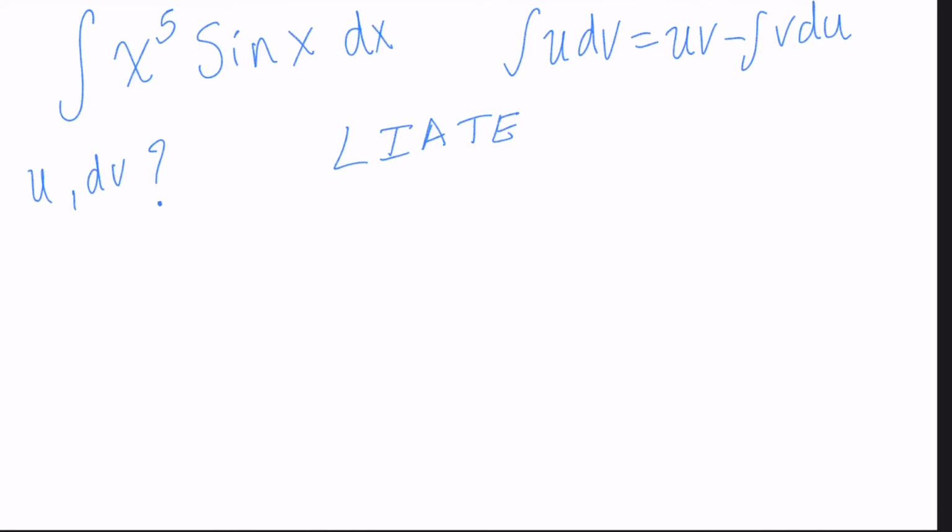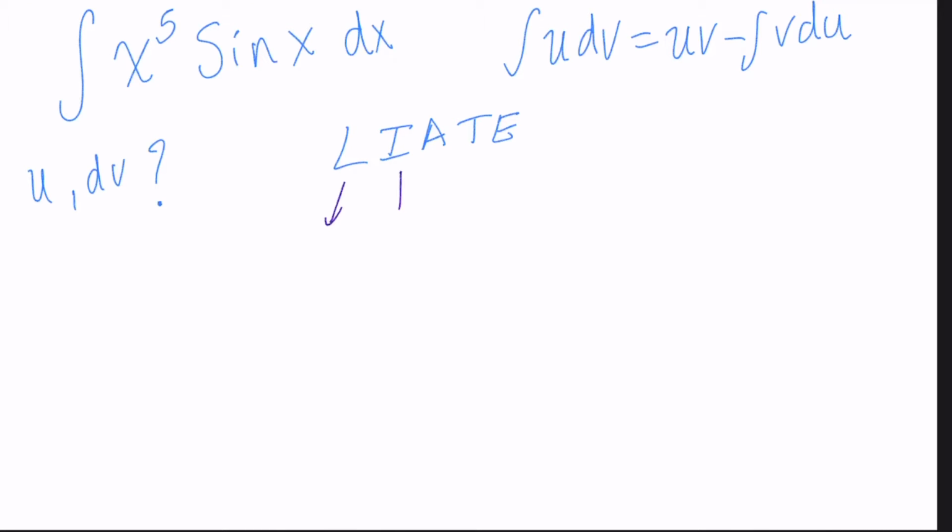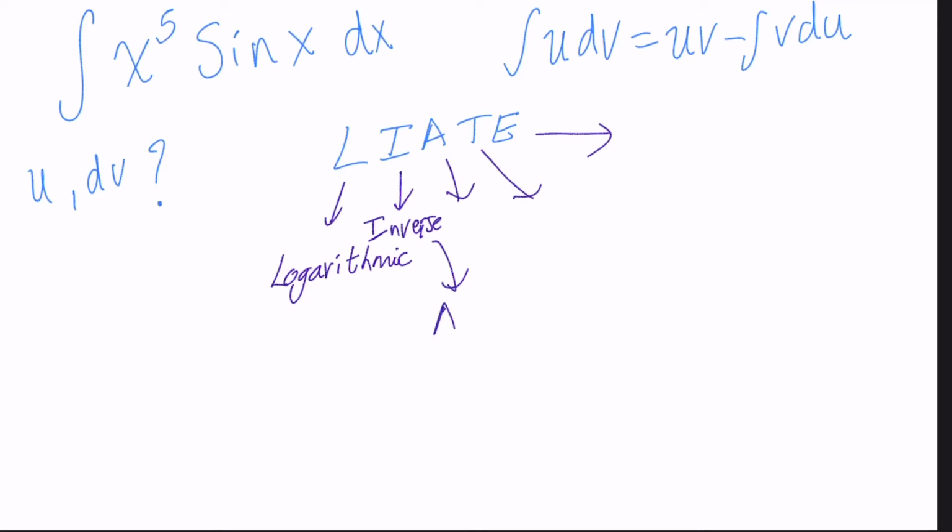Well, first, for knowing how it works, we have to know what each letter means. So each letter has a meaning. L means logarithmic, and it refers to logarithmic functions. I is inverse functions, like arctangent, arcsine, arccosine, and this kind of functions in general.